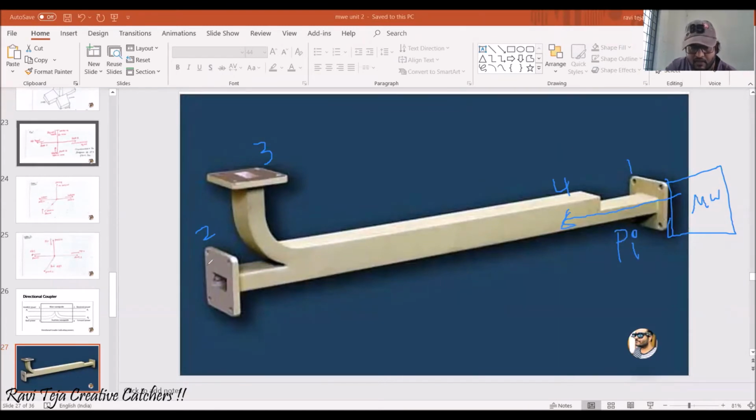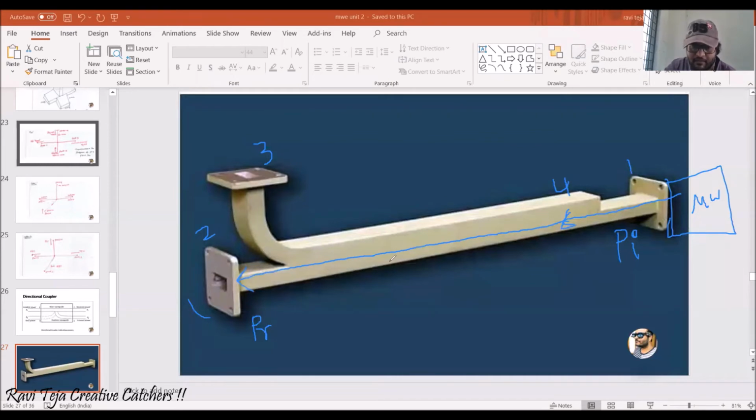What is port 2 now? Received power. Yeah, as it has the straight line, the energy travels straight. So port 2 directly receives the energy from port 1. That's why it is called PR, which is nothing but received power at port 2.